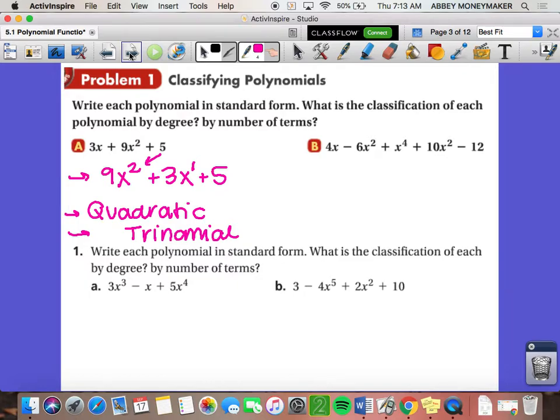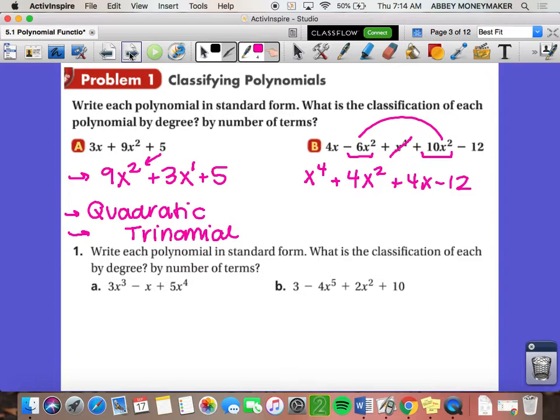Done. On part B, again, we're going to put this in standard form first. So I have x to the 4th power first. And then you'll notice here you have the next term as x squared, but you have 2 of them. So what you need to do is combine them together to give me positive 4x squared, followed by plus 4x and then minus 12.